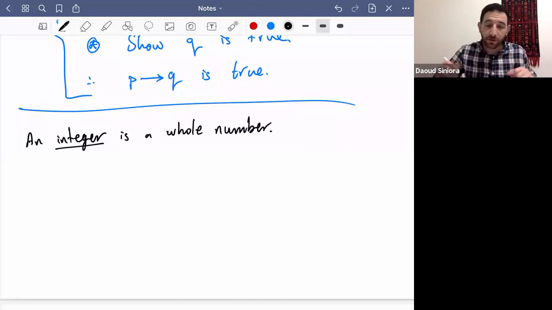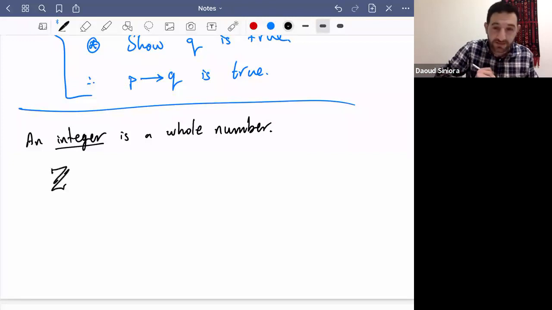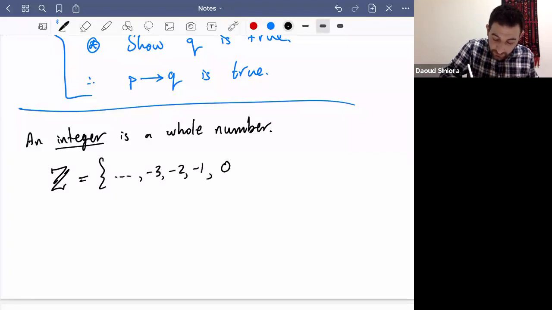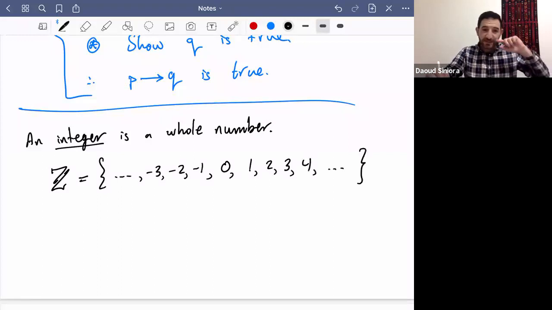The collection of all whole numbers, or all integers, is denoted by the letter Z. So what is Z? It is the set of all integers. We have the negative integers, 0, and the positive integers. So this is the set Z, the set of all integers: negative integers, positive integers, and the 0 integer.